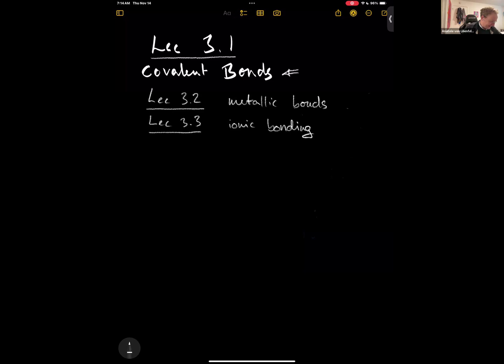We did discuss this idea that your bond looks something like this, where you have a nucleus with a certain nuclear charge Z and another nucleus with another nuclear charge Z, so Z1 and Z2.